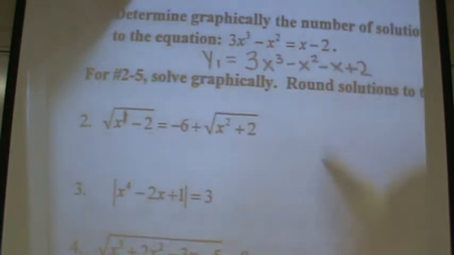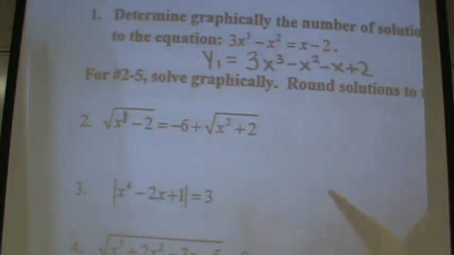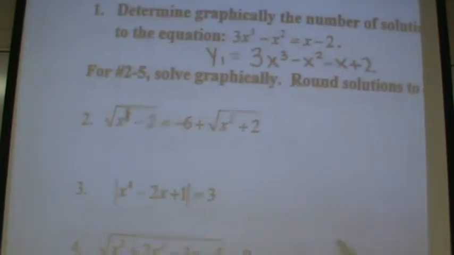Get everything to one side, and then hit graph. And see how many times it hits the x-axis. And in this one, I think it was 1, right? Did it hit 1 time? Yes.